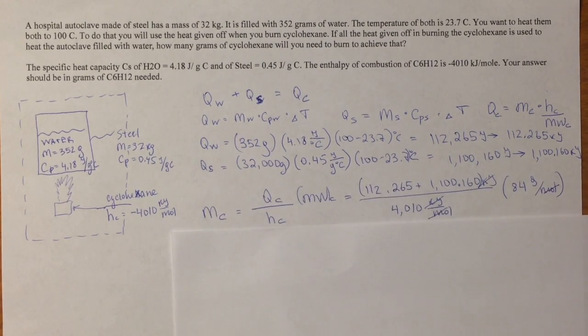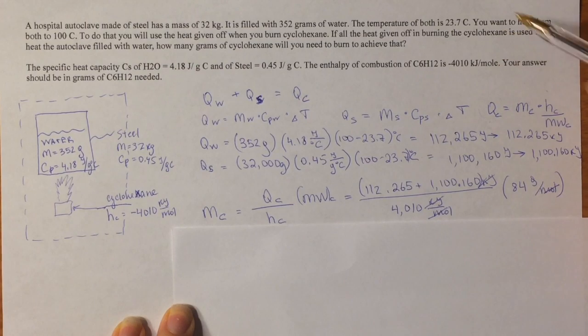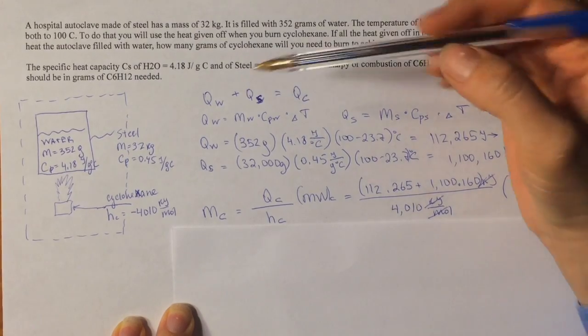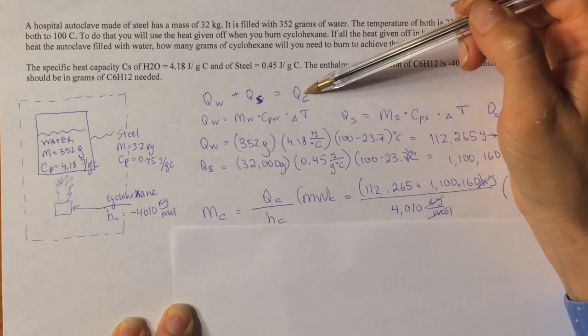For this formula here, we're going to rearrange this equation because we will know the heat required to be put out by the burning of cyclohexane, because this is our equation: QW plus QS equals QC.